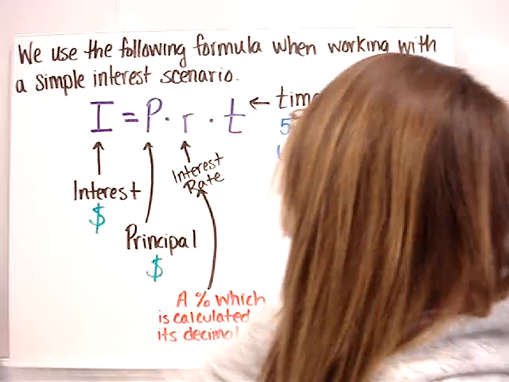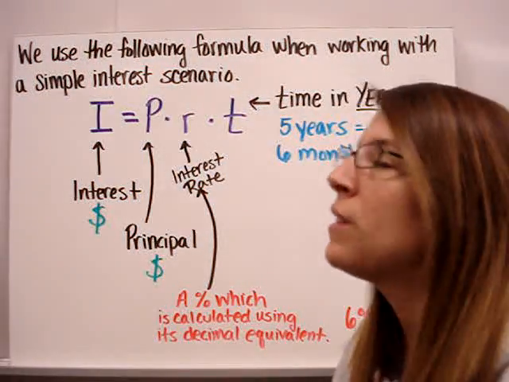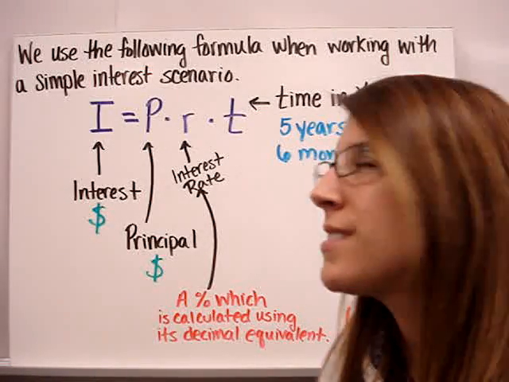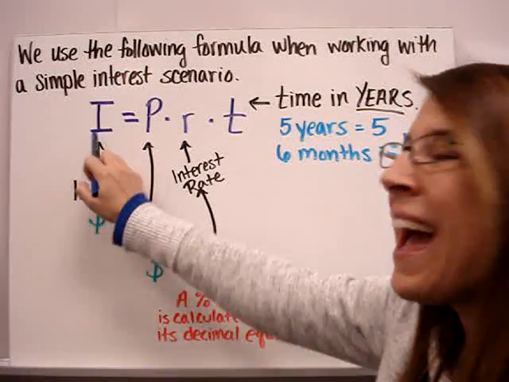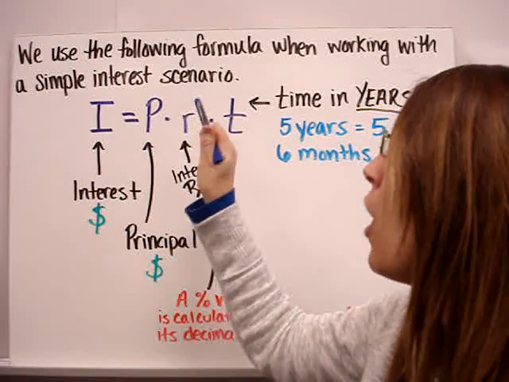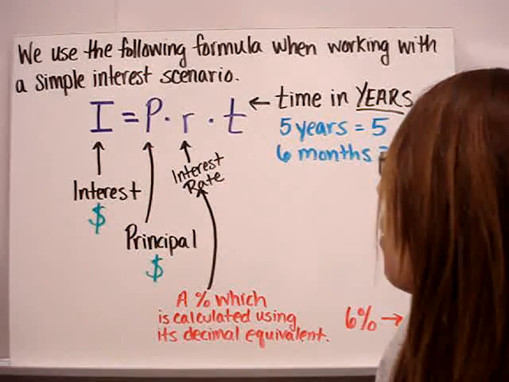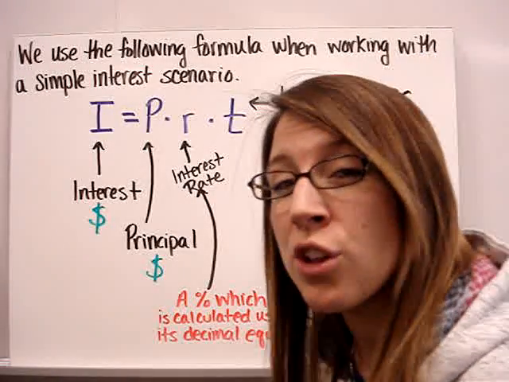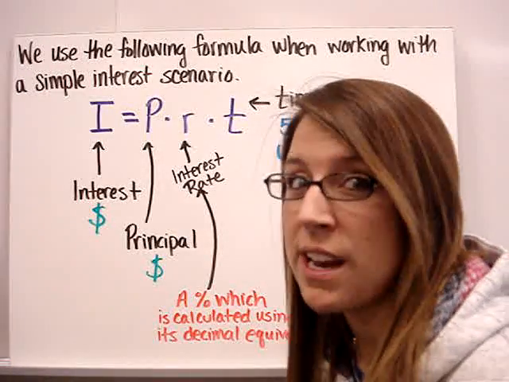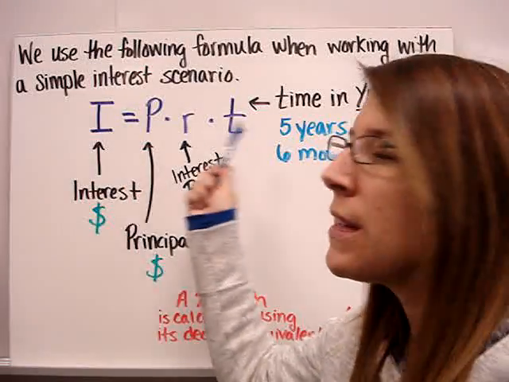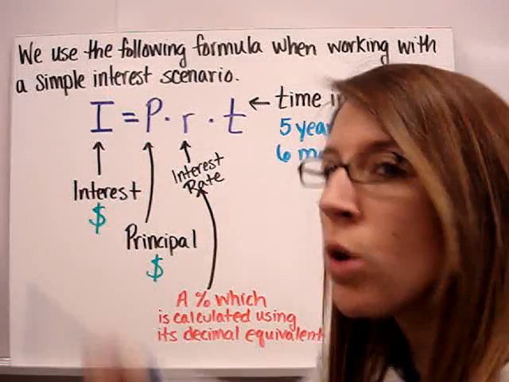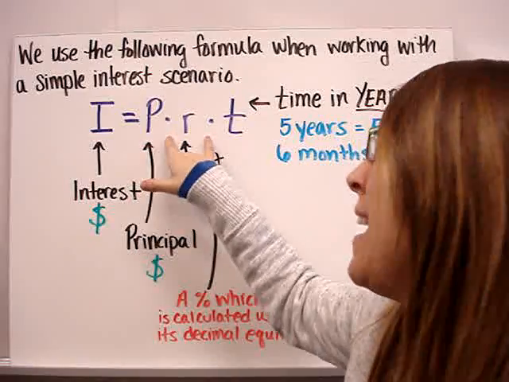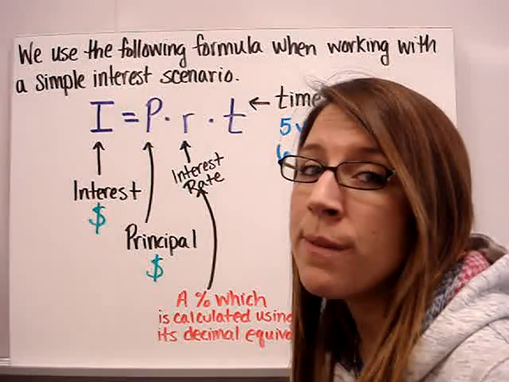We use the following formula when working with simple interest in a simple interest scenario. And it's going to be I equals P R T. Okay, and each of these variables stands for a very particular part of the scenario. It's always going to be interest equals these three items times each other.